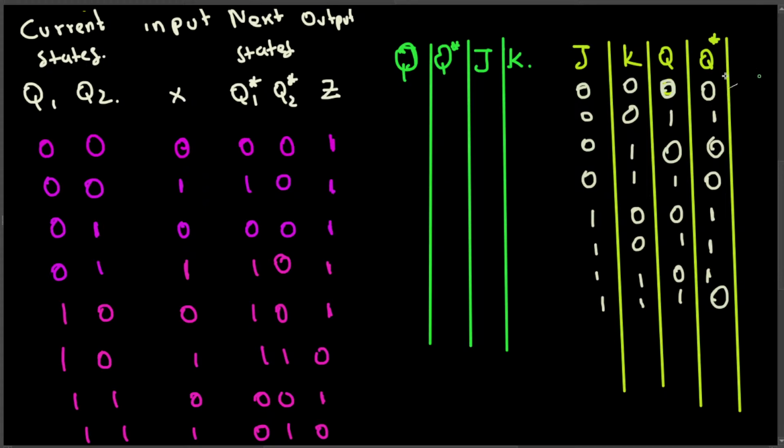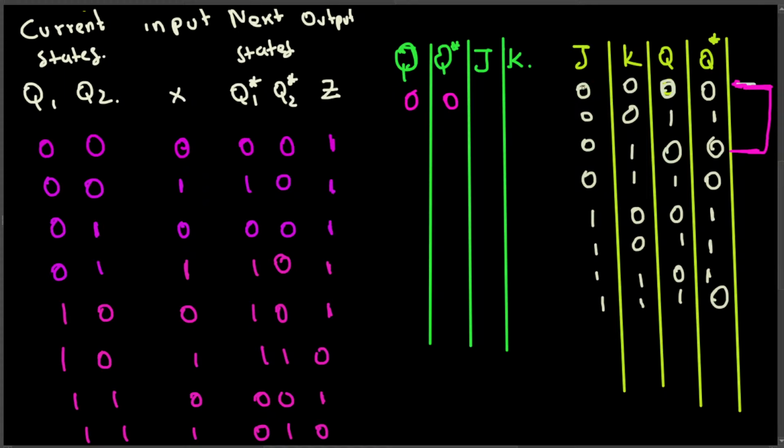So when Q and Q next state are 0, 0, that is these two places. What is happening to JK? J is 0 and K is 0 in one location, and J is 0, K is 1 in another.